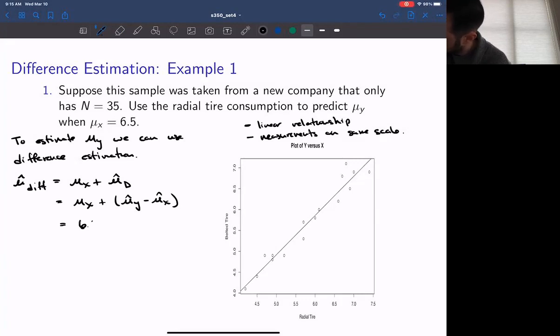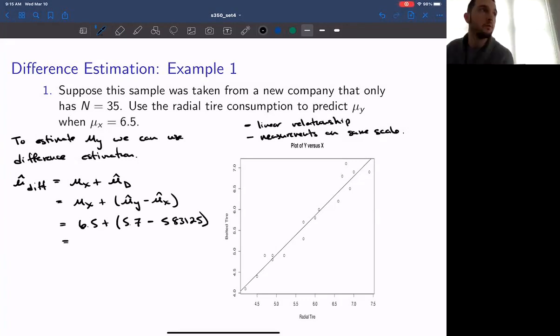Okay, so this is going to be 6.5 plus, and then what we'll have is 5.7 minus 5.83125, which is equal to 6.36.